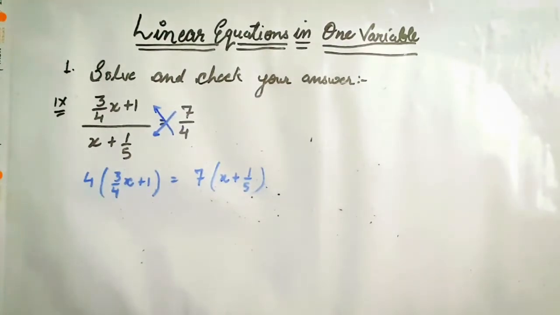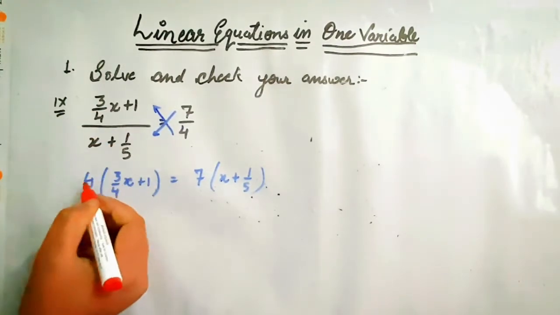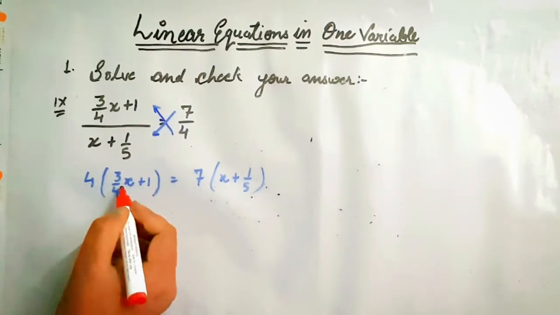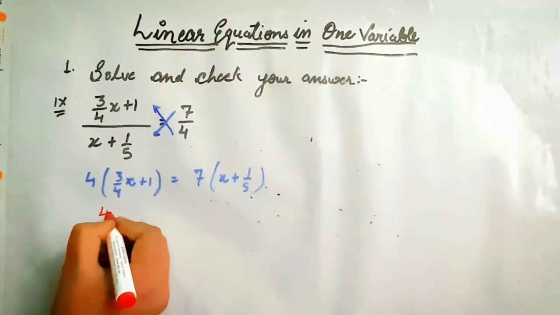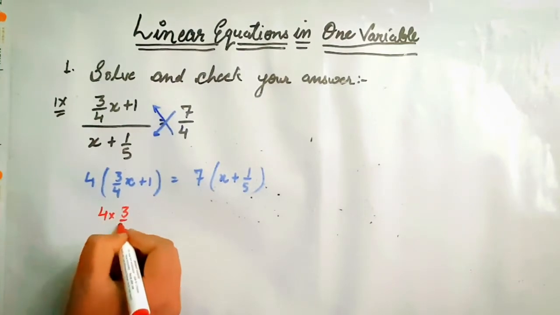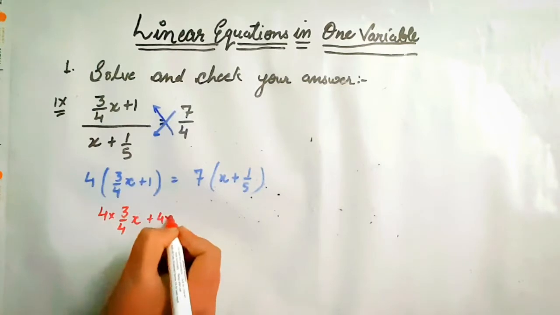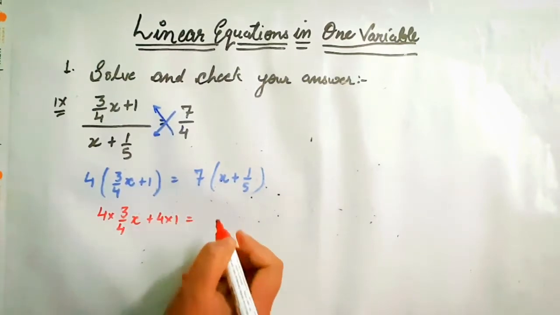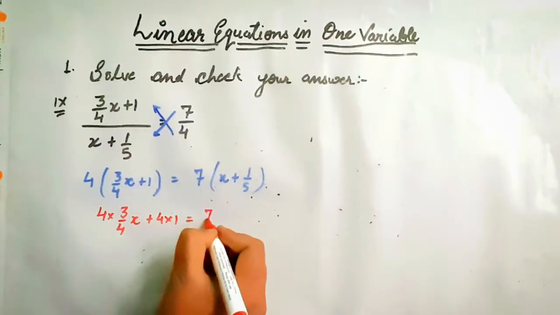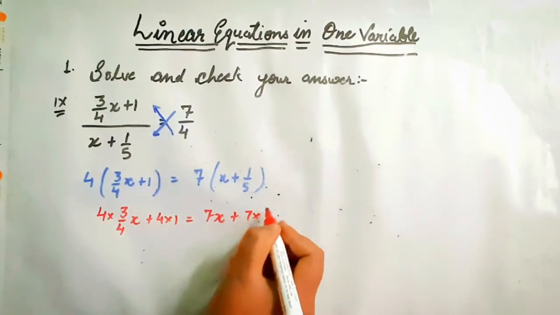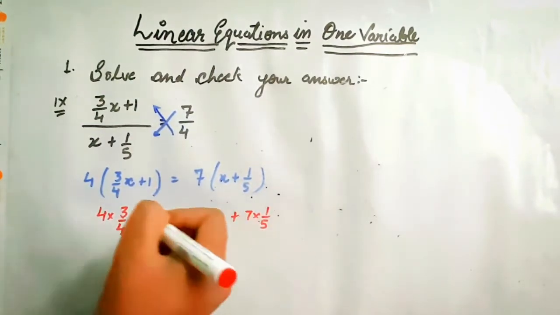Then 4 multiplied inside, you have to multiply both of the terms. So 4 multiplied by 3 upon 4x plus 4 multiplied by 1 is equal to 7 multiplied by x, 7x, plus 7 multiplied by 1 upon 5.